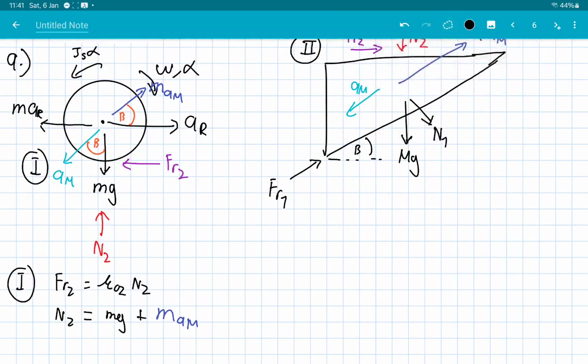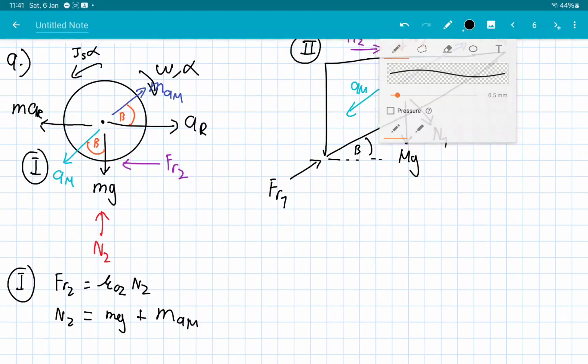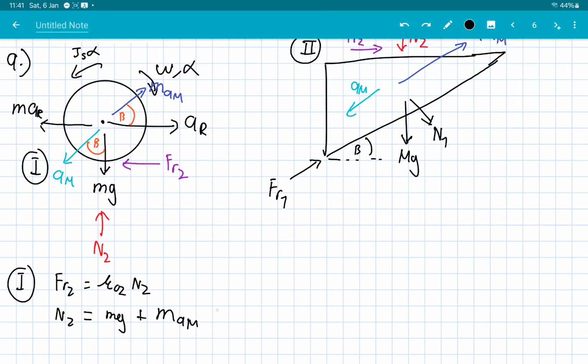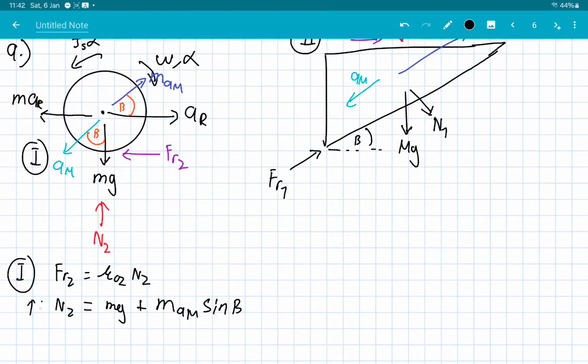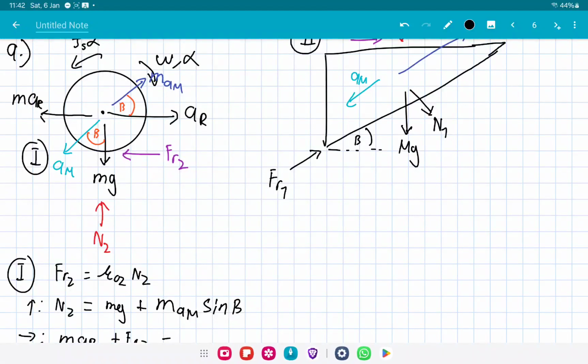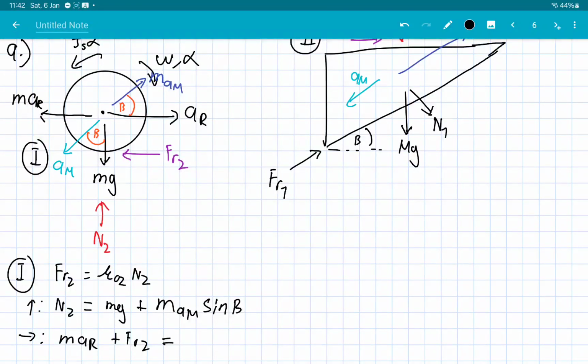So we have MAM, we're pointing this vertically away from the angle, so we're going to say sine beta, and then this is your vertical, and your horizontal will be MAR plus FR2 is equal to MAM cos beta.